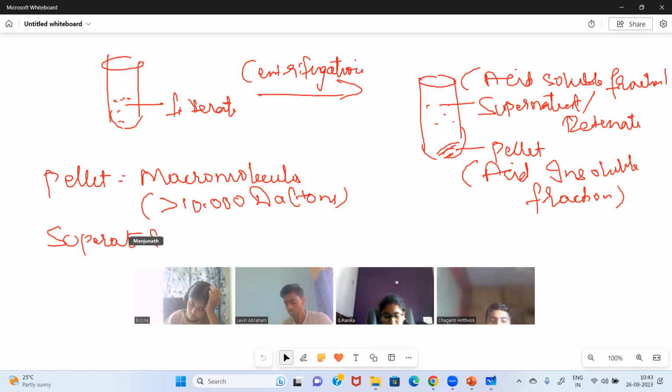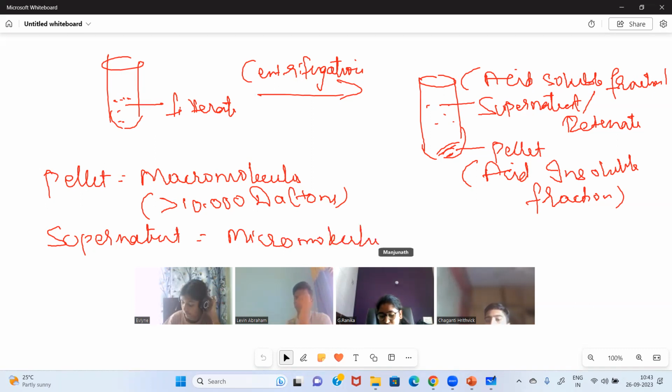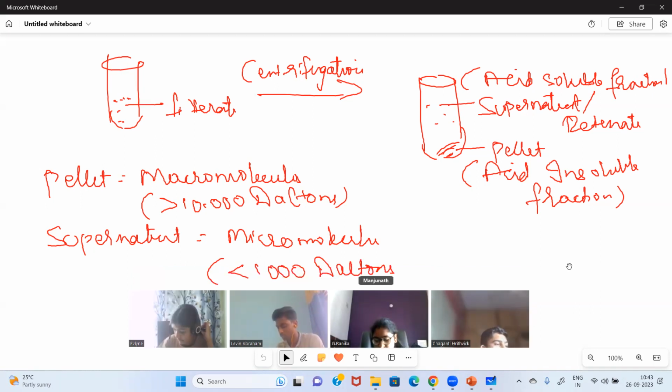In the supernatant, you find the micromolecules, and the micromolecules will have less than 1,000 daltons, approximately around 800 daltons.